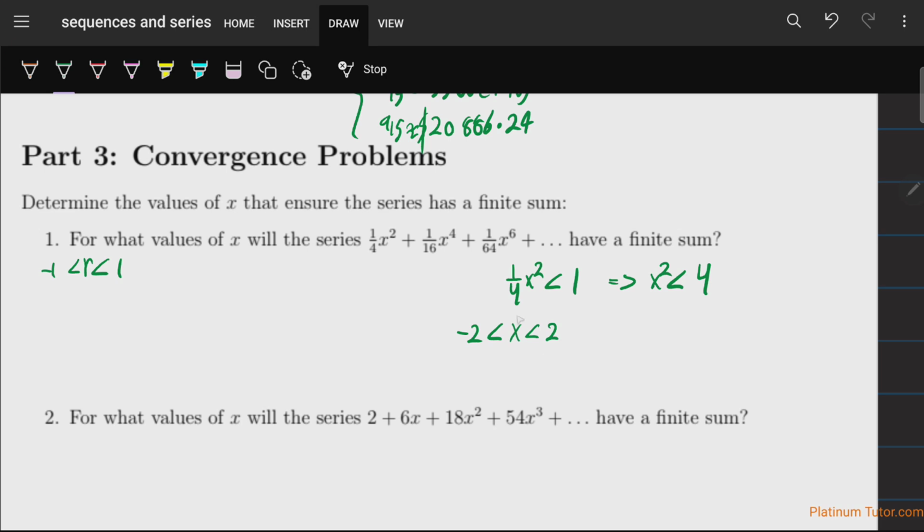The reason for this is that x, if you look at the original expression here, the numbers that we plug into x are being squared. So we could plug in a negative number here, like -3, and when it gets squared, it's going to give us 9, which is definitely not less than 4.